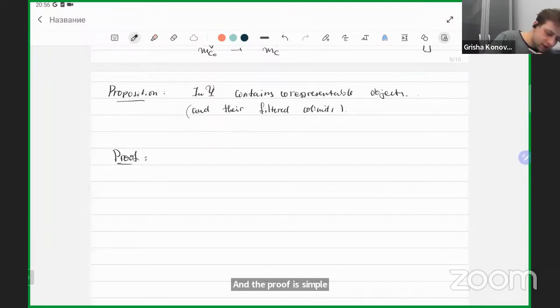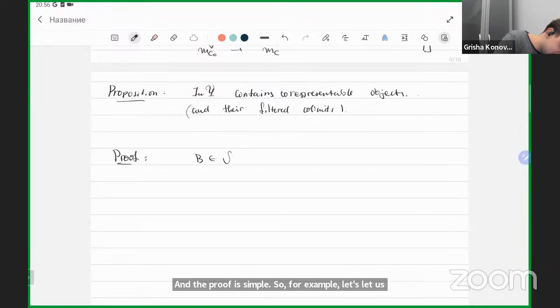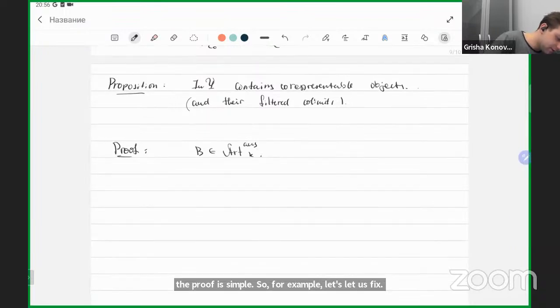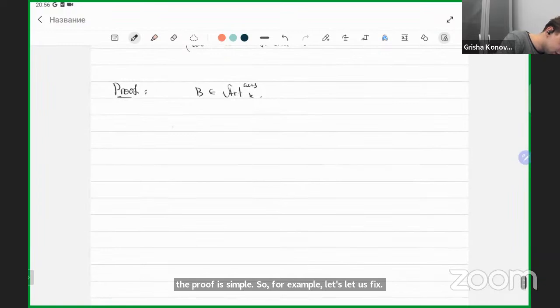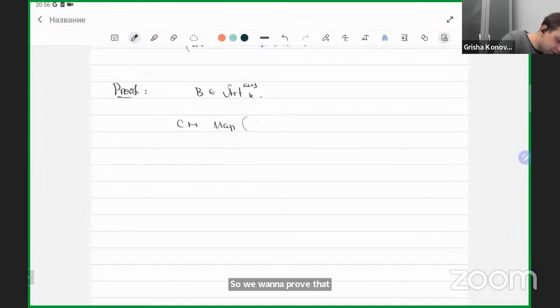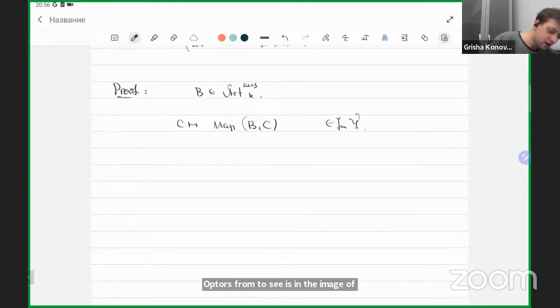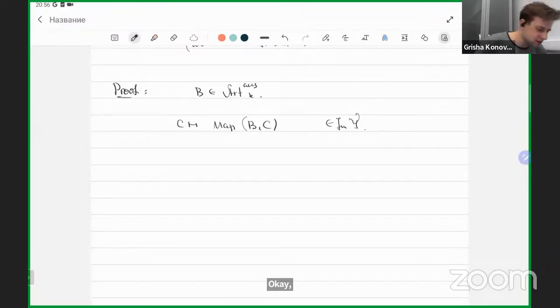So, for example, let us fix B, an Artinian augmented algebra. We want to prove that the functor from B to C is in the image of psi. This is more or less formal at this stage.